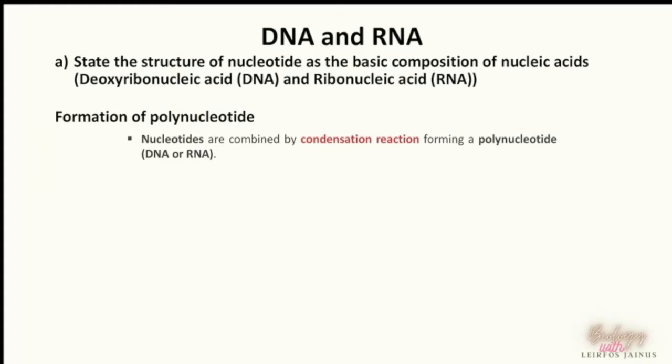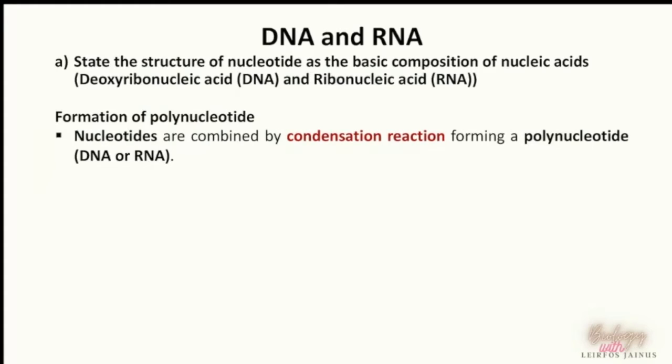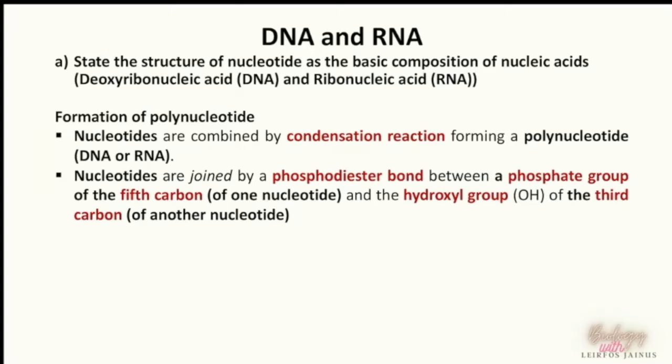The formation of polynucleotide. The nucleotides are combined together by condensation reactions to form a polynucleotide. During the condensation, nucleotides are joined by a phosphodiester bond between the phosphate group on the fifth carbon and the hydroxyl group on the third carbon of the other nucleotide.